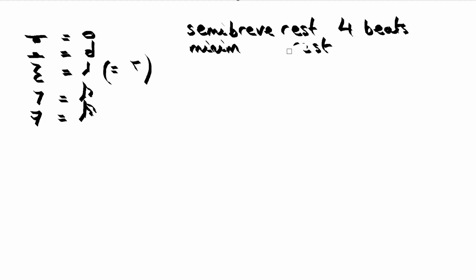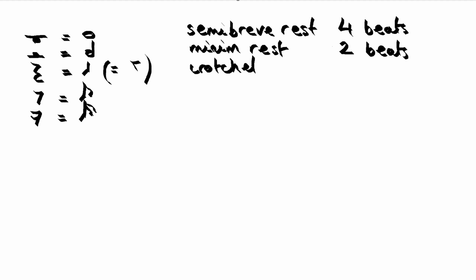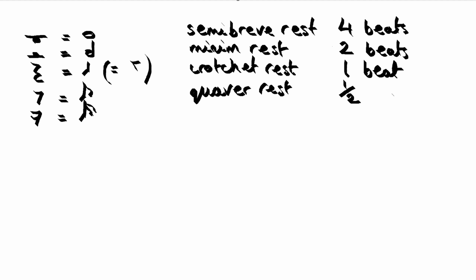The minim rest is worth 2 crotchet beats. We've got the crotchet rest, or the quarter note rest if you prefer the American term, which is worth 1 beat. We've got the quaver rest, which is worth 1/2 beat.